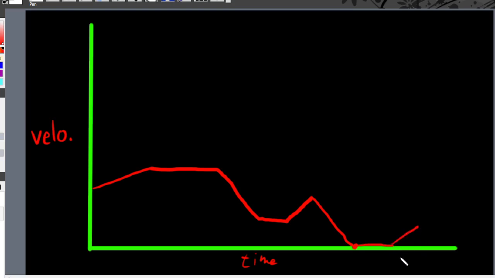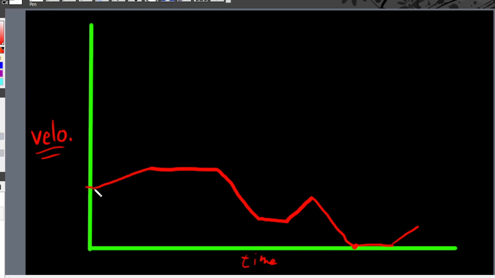It rests for a little while and then maybe takes off again. Because this is a velocity versus time graph, this graph is actually a picture of the velocity, and so until it gets down here to zero, it's not at rest. So here our object has a changing velocity.